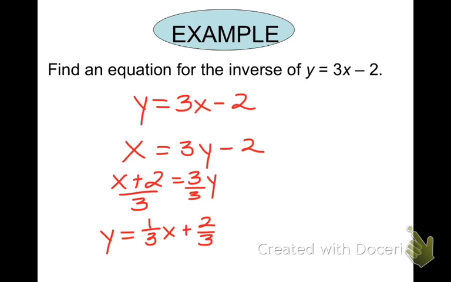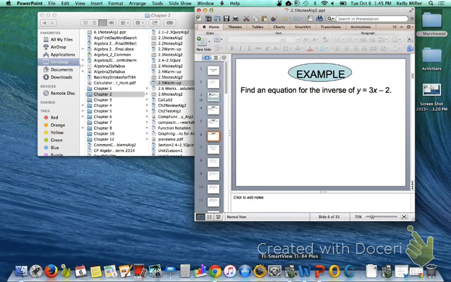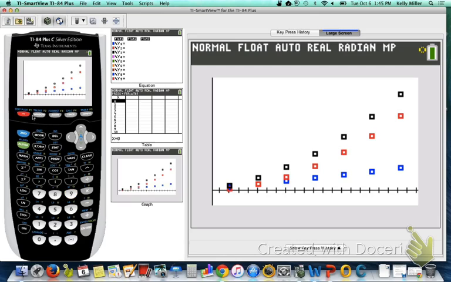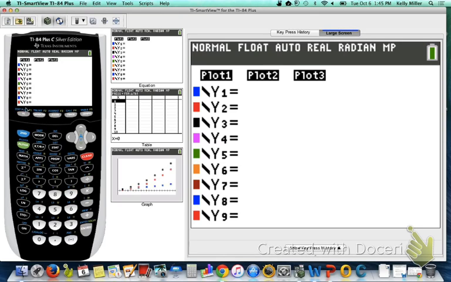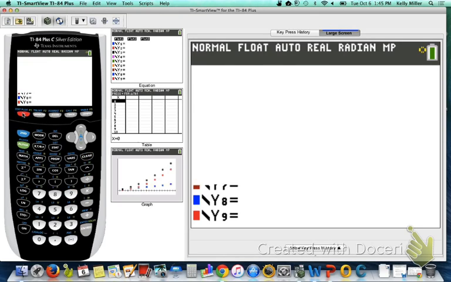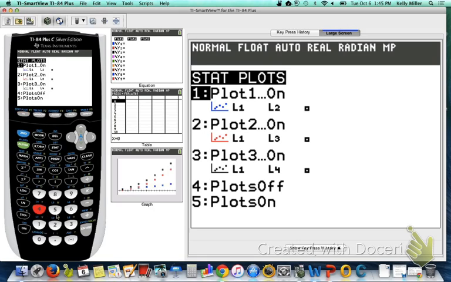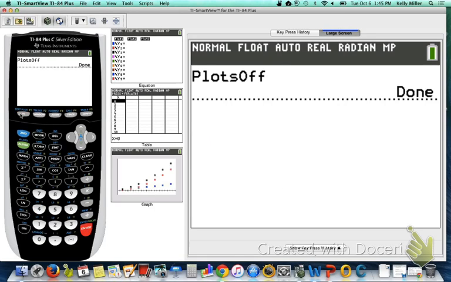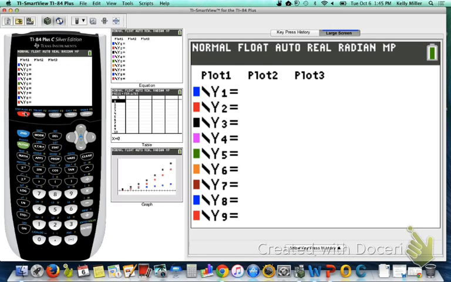Okay? If you have your calculator out, pull out your graphing calculator if you have it. I want you to go to your y equals screen, and I want you to type in the first equation, which was y equals 3x minus 2.